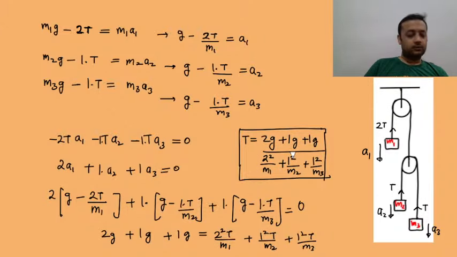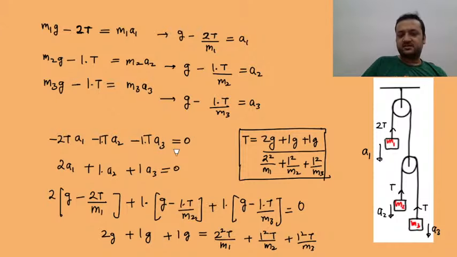Basically, if you think carefully, what has happened? In this equation, if you divide by M1, the tension's coefficient appears only in these terms. That means 2T by M1, 1T by M2 and 1T by M3. So the tension's coefficient appears here as 2, 1, 1.